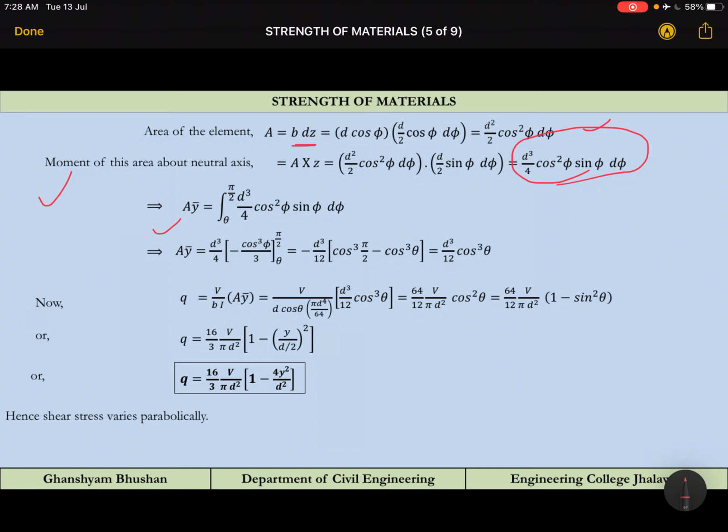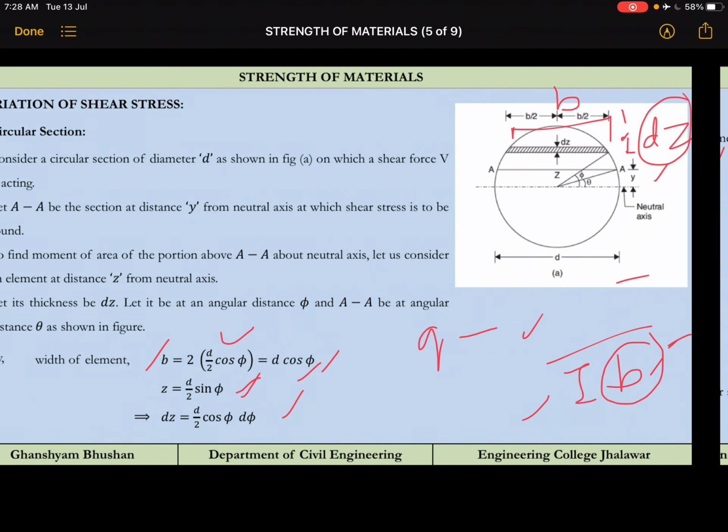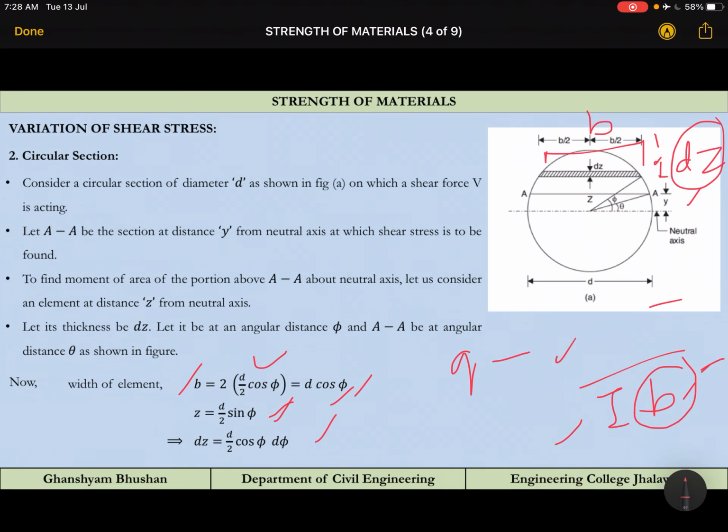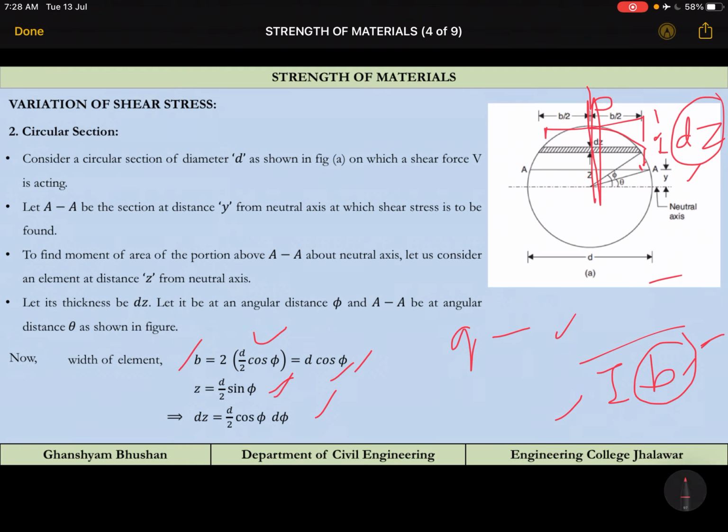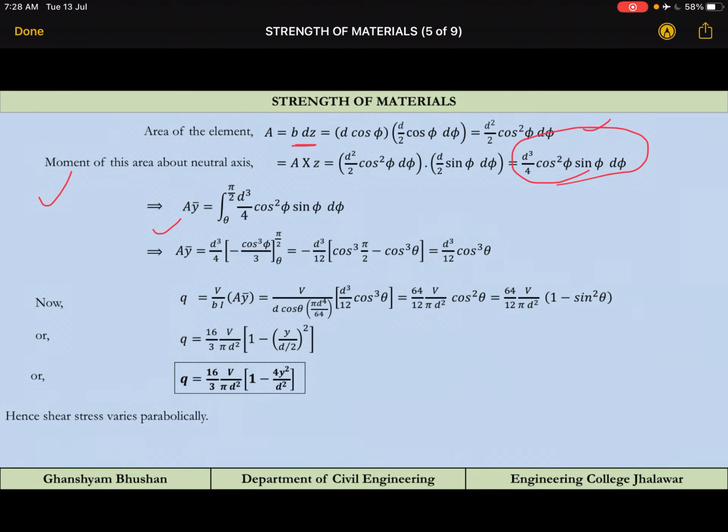So you can see here the limits. For this we are having theta, and if we want to calculate till here, phi will be pi by 2, that is 90 degrees, at any particular random theta we are calculating.